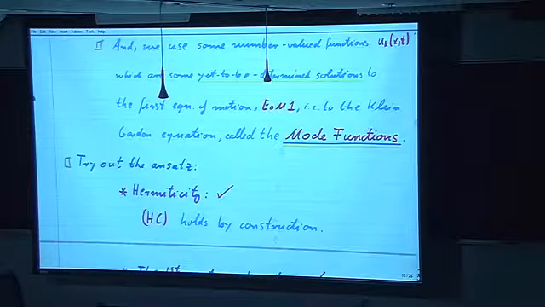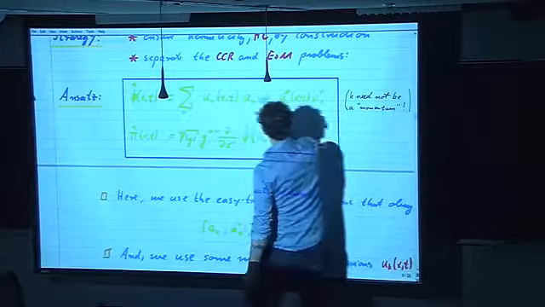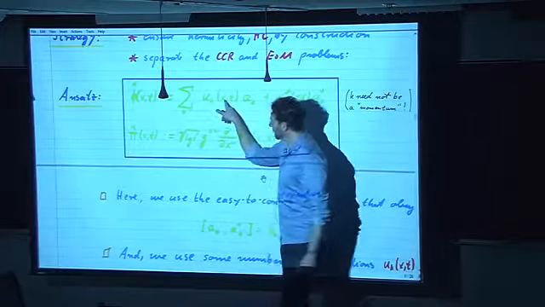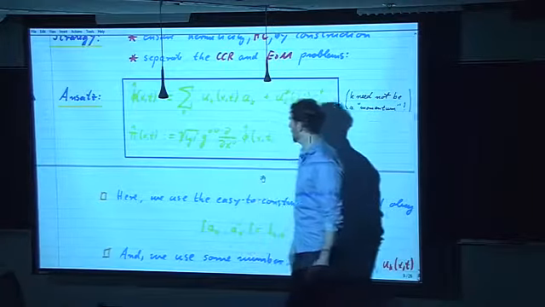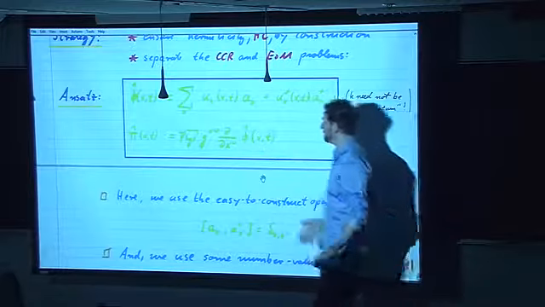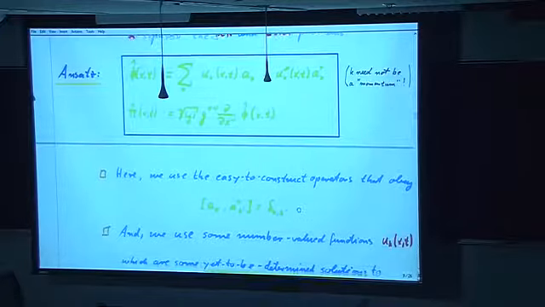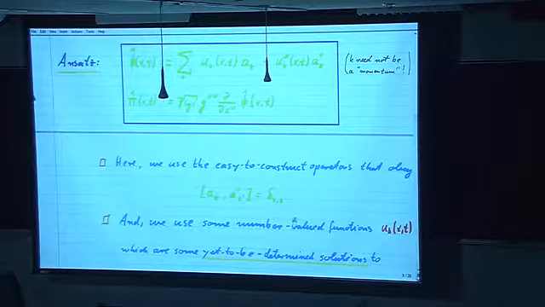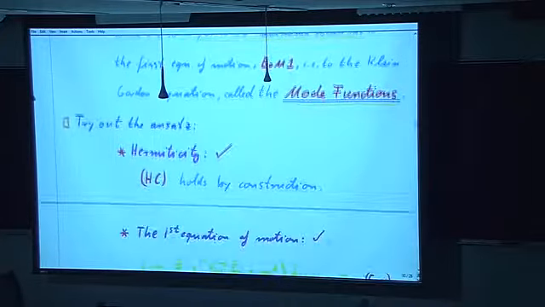If you remember, our ansatz was that phi can be expressed in terms of these to-be-determined functions, and the pi is given by this by definition, and that is the second equation of motion. So really all we have to show at this point is that there exist such functions u_k such that this ansatz will succeed.